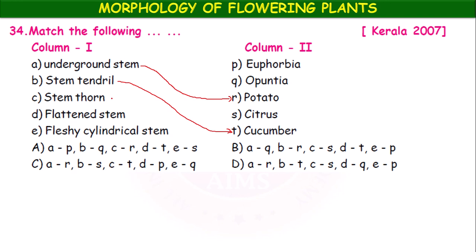Okay, stem thorn, citrus, lemon. Flattened stem, flattened stem modified, so Opuntia, phylloclade. Next, fleshy cylindrical stem, Euphorbia.